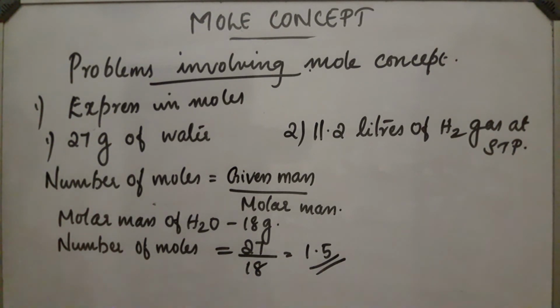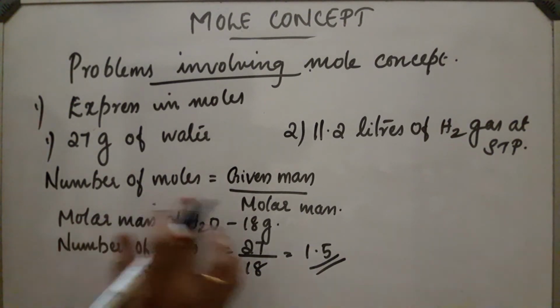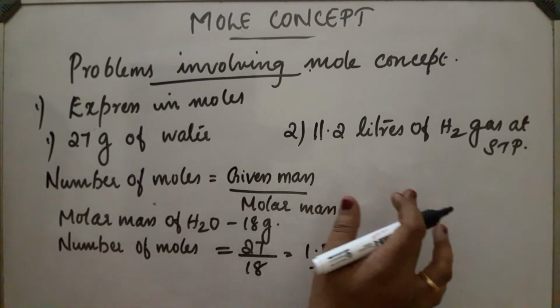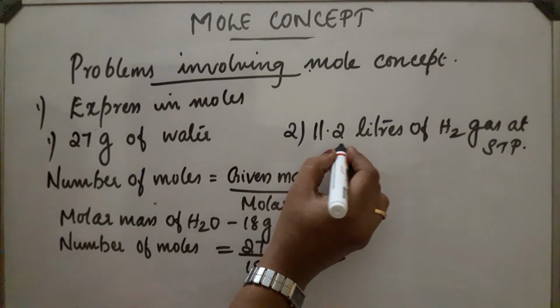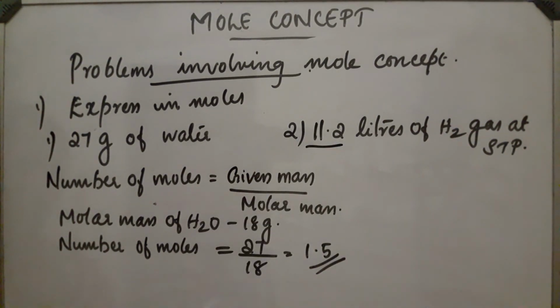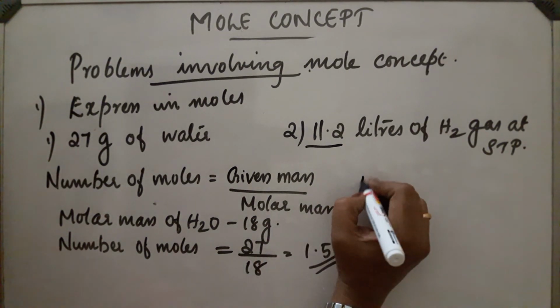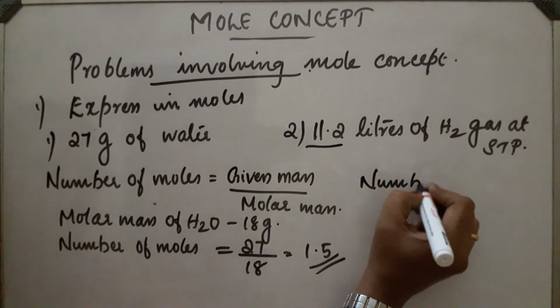Now, next question, 11.2 liters of hydrogen gas at STP. Here, number of moles will be equal to volume in liters at STP divided by 22.4. So, 11.2 divided by 22.4.